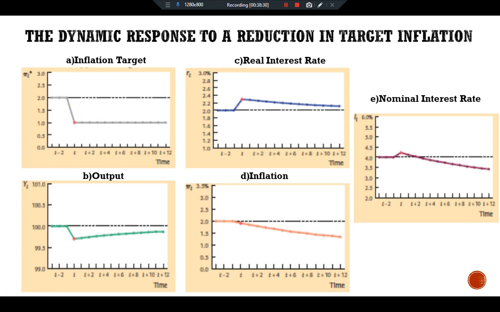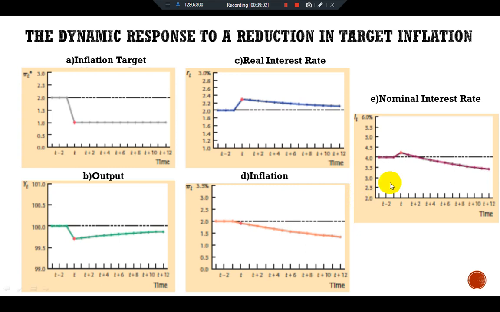Okay, when target inflation falls to 1%, so see here we have a fall in target inflation, the nominal interest rate rises to 4.2%. Over time, however, the nominal interest rate falls as inflation and expected inflation fall towards the new target rate.